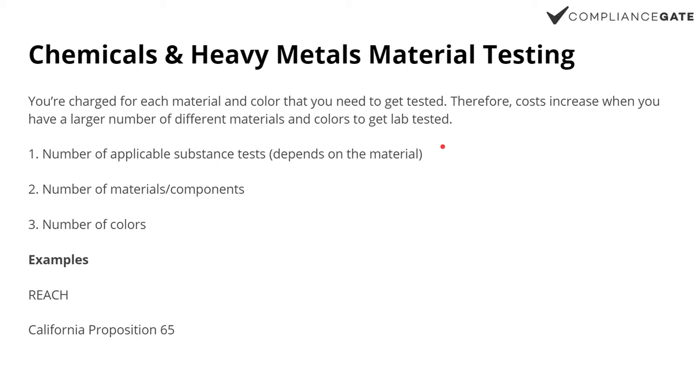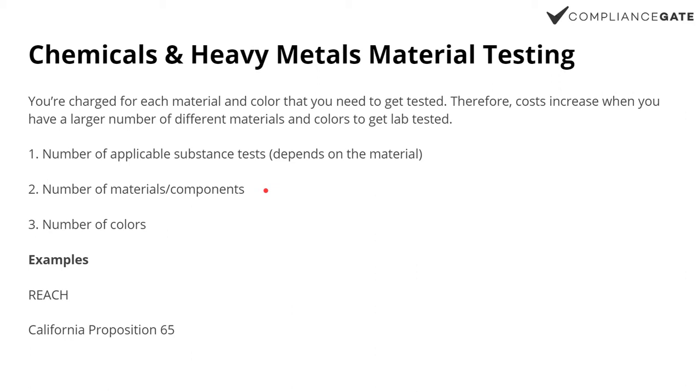Okay, so let's take something like PVC plastics. There are more items on that substance testing list compared to, say, stainless steel. You're looking at a more extensive number of tests that apply to certain materials, and this also affects the cost.